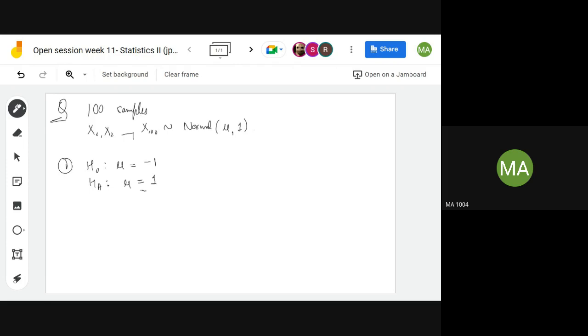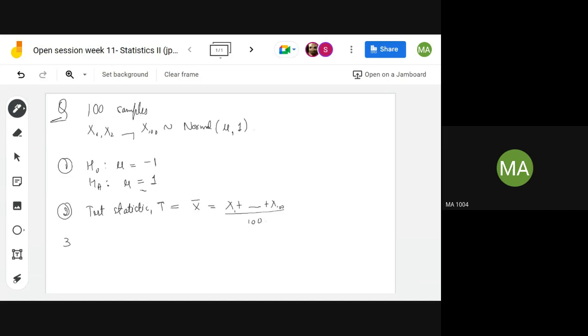Now, the second thing is we decide what is my test statistic. Here we already have the test statistic given to us, which we denote as T, and this is given as the sample mean. So the sample mean will be x1 plus up to x100 divided by 100.